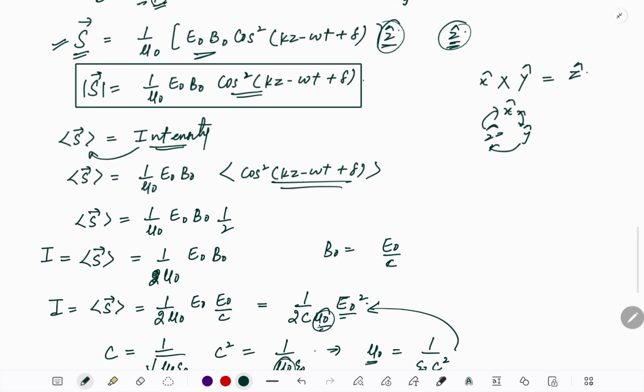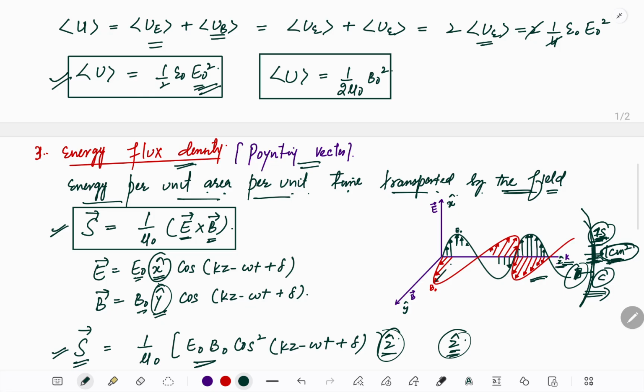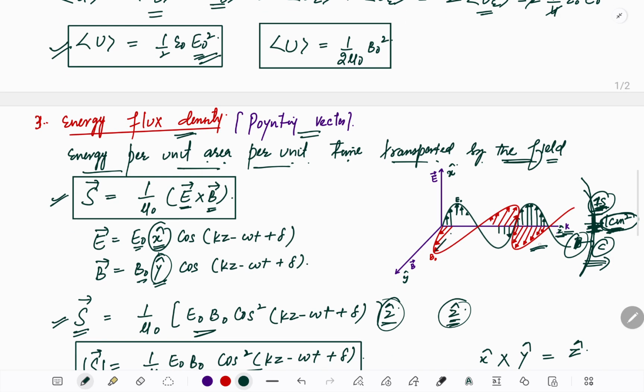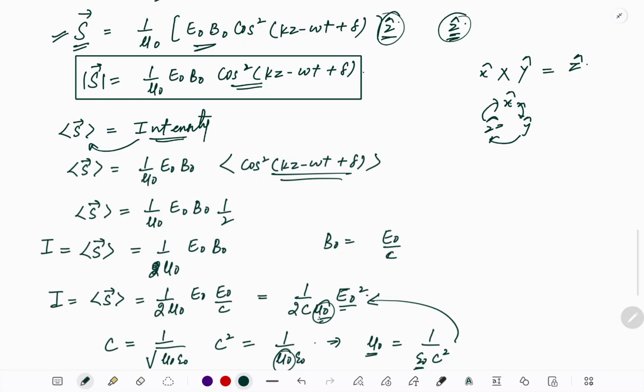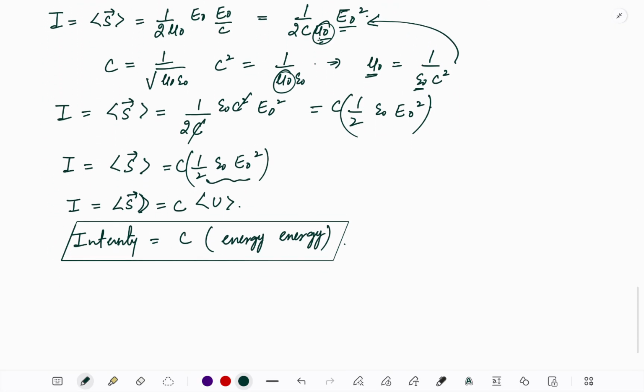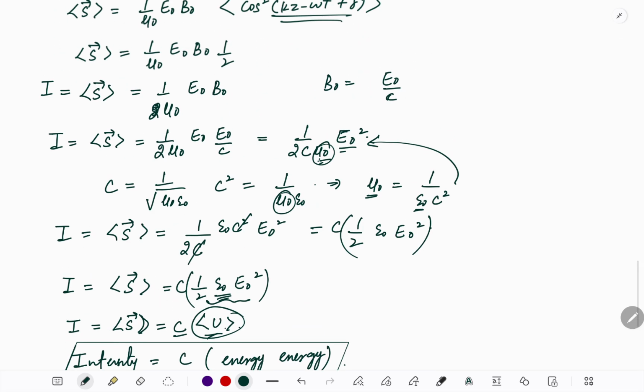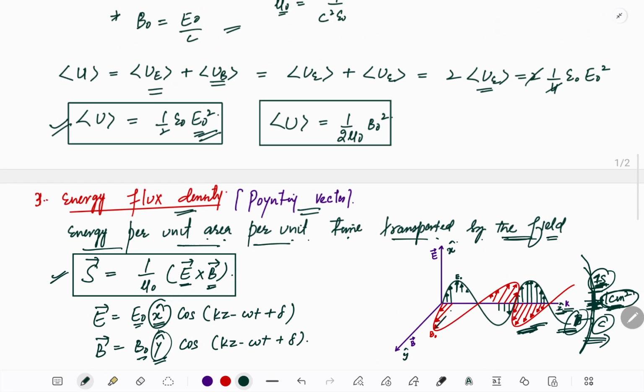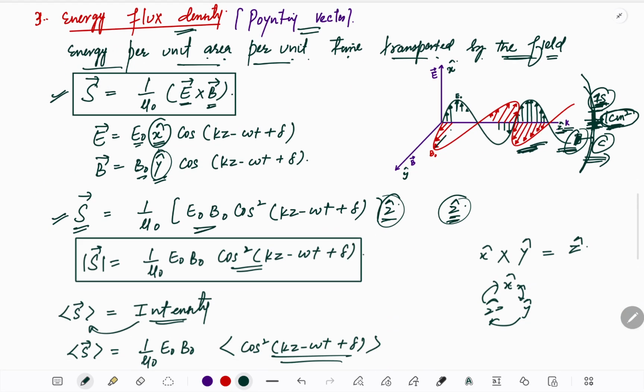That is why I told you earlier that how much energy passes through this surface depends upon the energy density and the speed of light. Its speed will define the Poynting vector, or the average of the Poynting vector. This is c times the average of u, and we also know that the average of u is also 1 by 2 mu 0 B naught square.